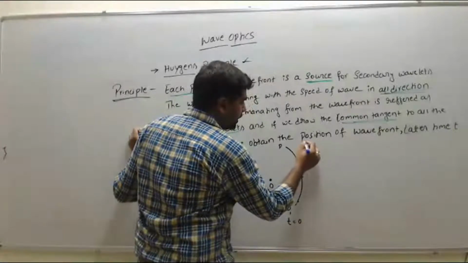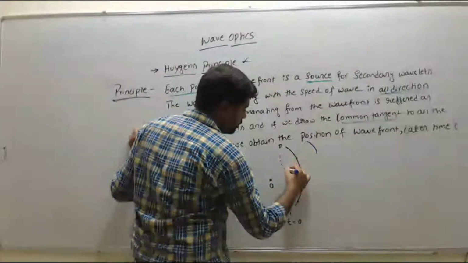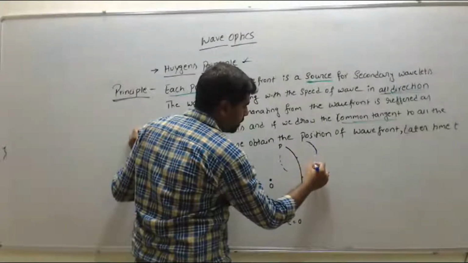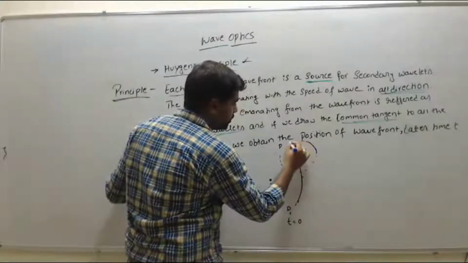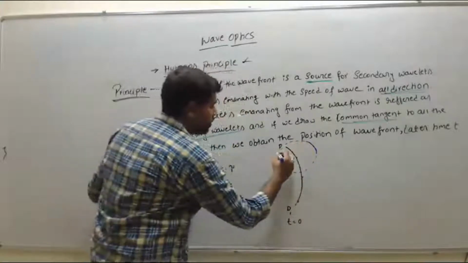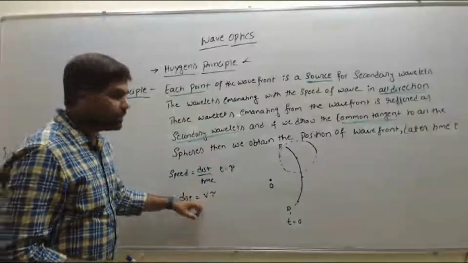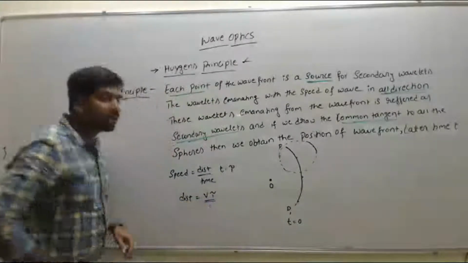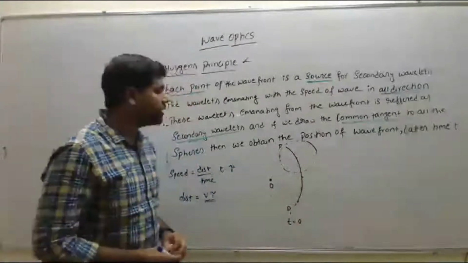If we complete this, we get one sphere. So this is the sphere I am getting if we draw the sphere with the radius v into t. So this one is the sphere, right?